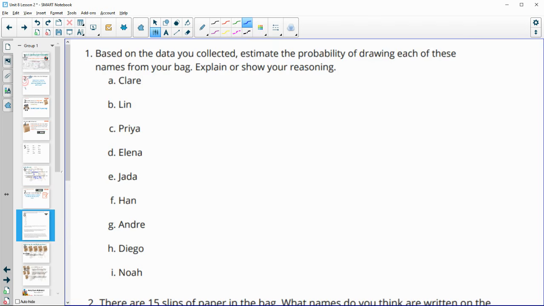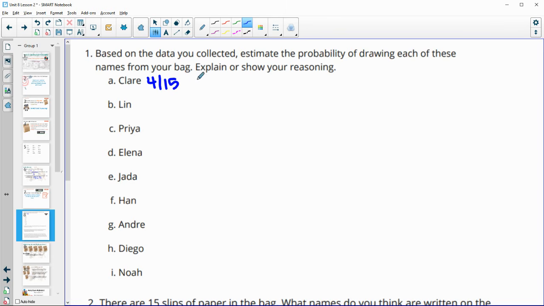All right, so based on the data that you collected or that I gave you in this video, estimate the probability of drawing each of the names from your bag and explain or show your reasoning. So we drew Claire's name 4 times out of 15. So we would estimate that the probability of drawing her name would be 4 out of 15. Divide that in your calculator and you can grab the decimal.